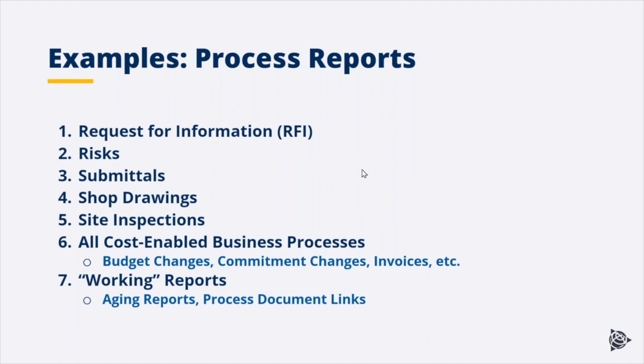Typically in construction management, you're sharing information among a number of different users, and some of these will be very common to you: requests for information, risk management, submittals, shop drawings, etc. Using a process, you can define your business procedures for sharing a request for information or managing different risks on your projects, and so on and so forth.